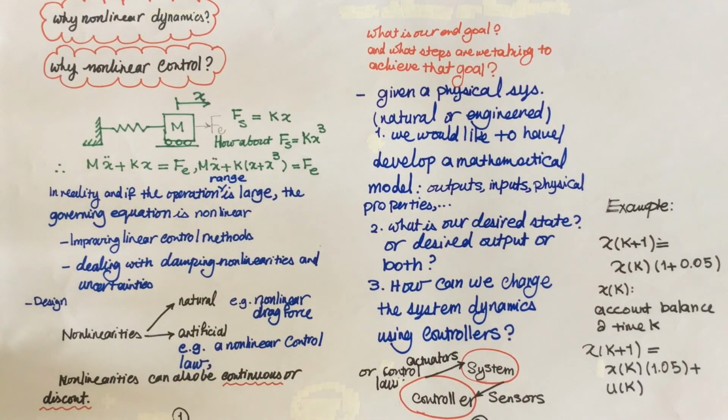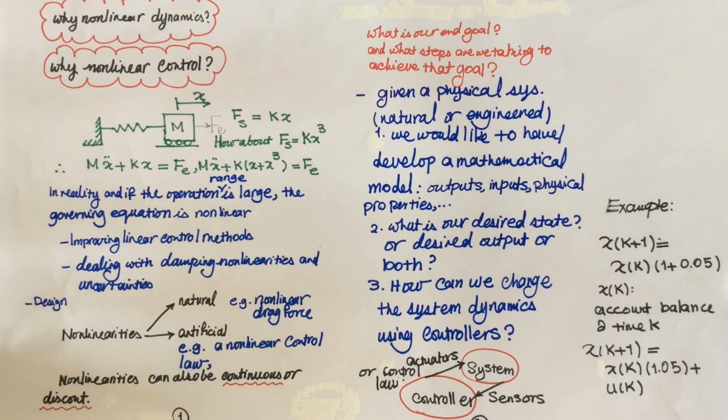But then F_e is such that my external force, which is a naturally caused force, forces the system outside this small range. So then you might say, all right, I need to introduce a nonlinear controller such that I force the system to stay in that small range. And that's the topic of nonlinear control.